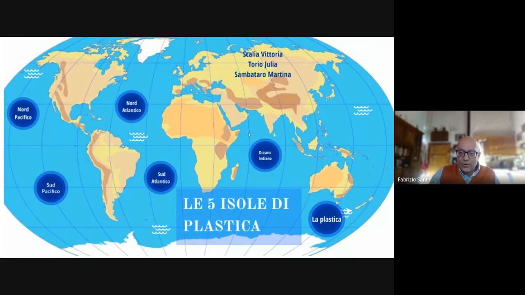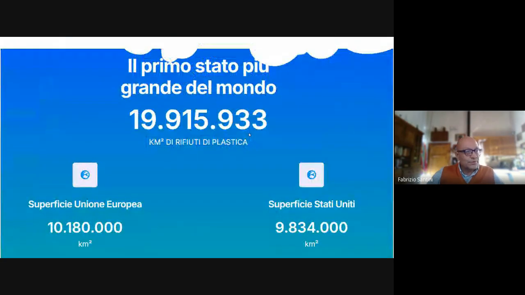As you know, speaking about waste, plastic is one of the main problems, and now there are about 5 big islands, bigger than 2 times Spain or 2 times France as extension and surface, big plastic islands all around the world.